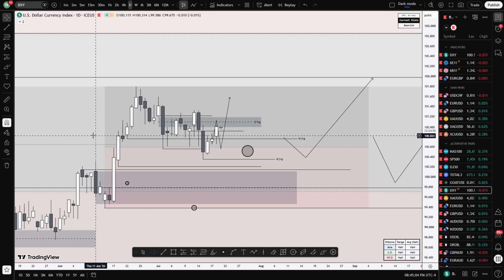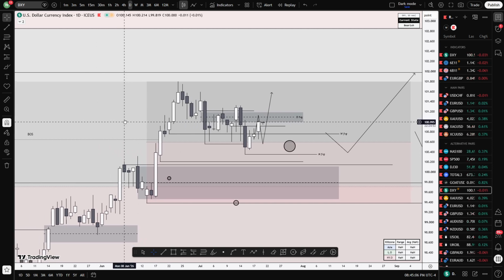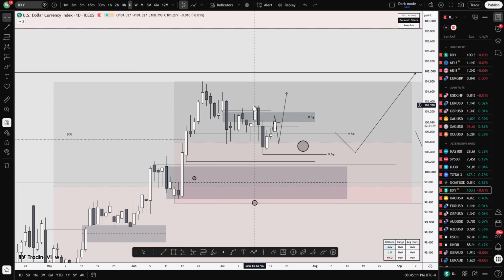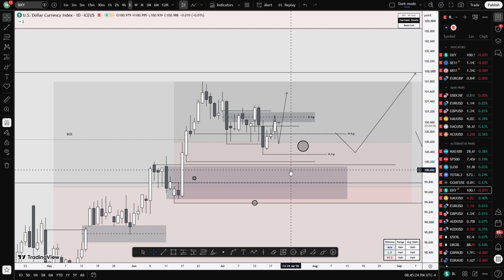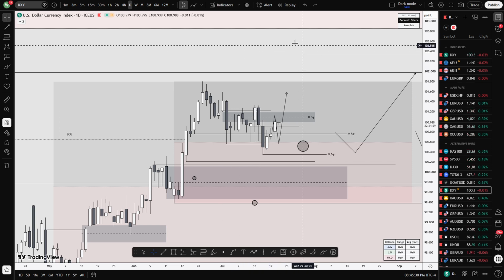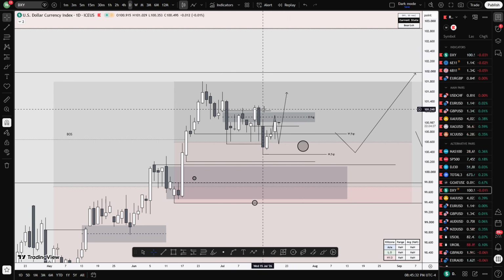And right now, if you check the daily time frame, you see that we're still within this range, right? High and low, right? So as long as we're within this range, price could still go down, right? To see price continue upwards, we need to break this bearish structure, right?